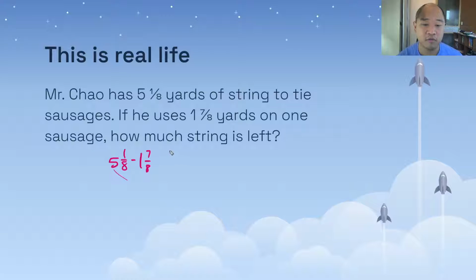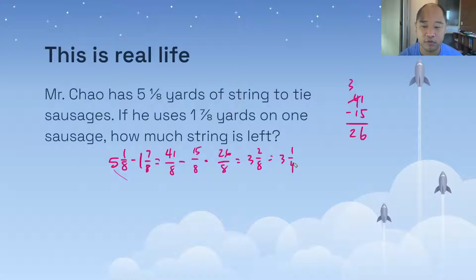So this is going to be 41 over 8 minus 15 over 8. 41 minus 15 is 26. 26 over 8, which is 3 2/8, which is 3 1/4.